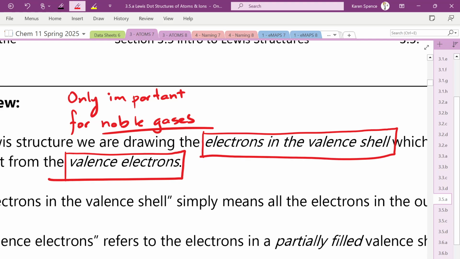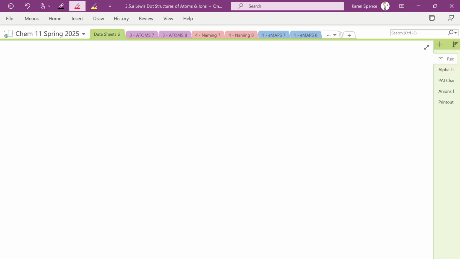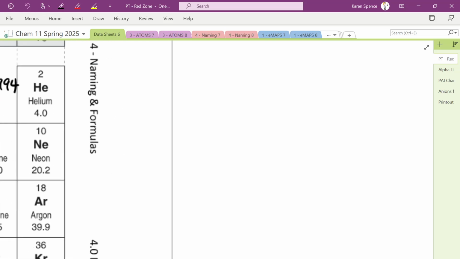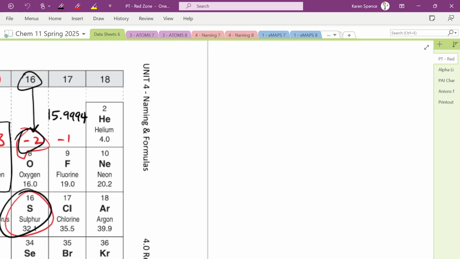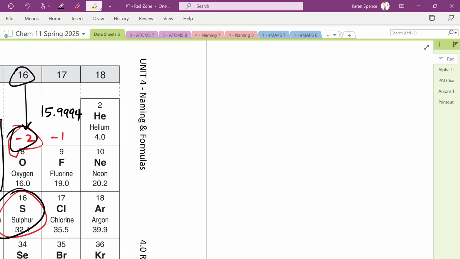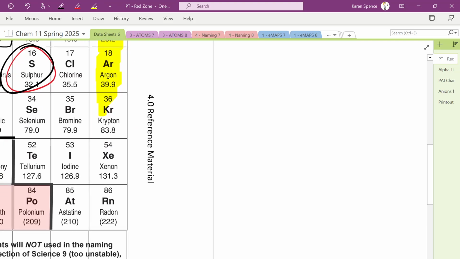In fact, if you have a periodic table, why don't you point to them? Radon. Group 18, noble gases: helium, neon, argon, krypton, radon.